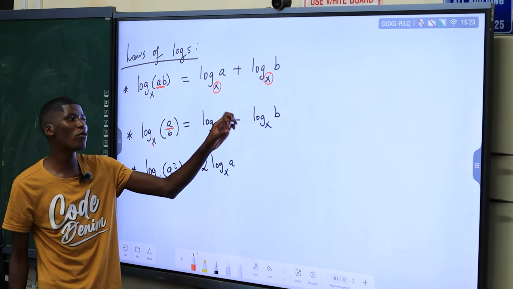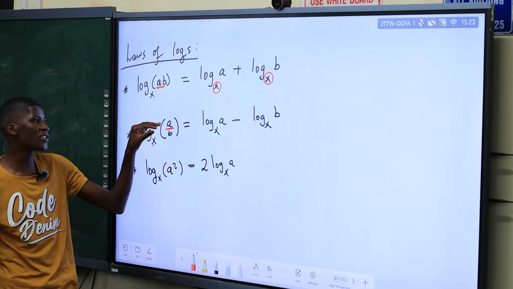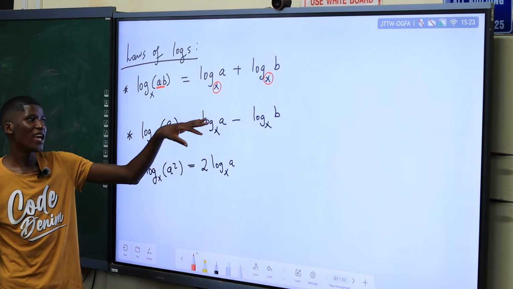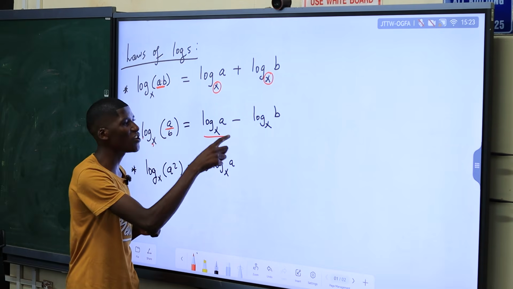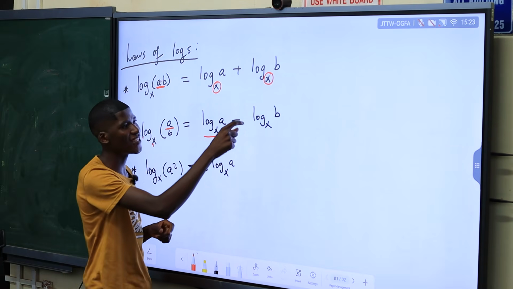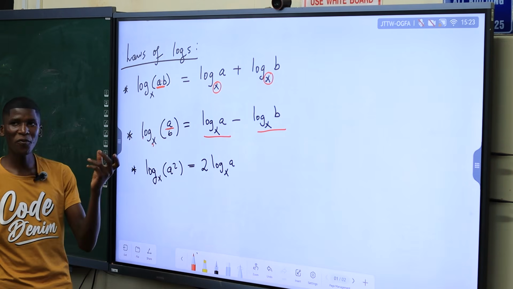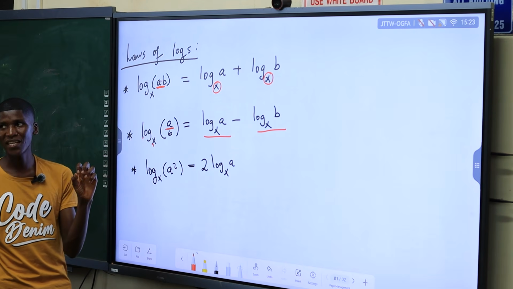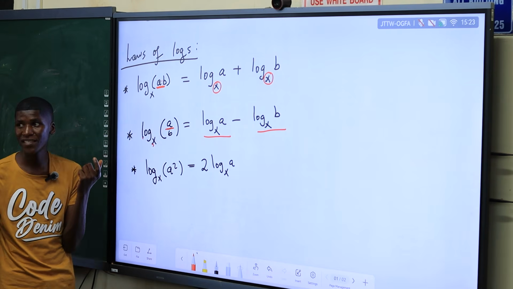This is not commutative, because if you rearrange the terms it will be wrong. Don't say the opposite, log base x of the denominator minus log base x of the numerator, because remember, 2 minus 3 and 3 minus 2 is not the same thing, right?